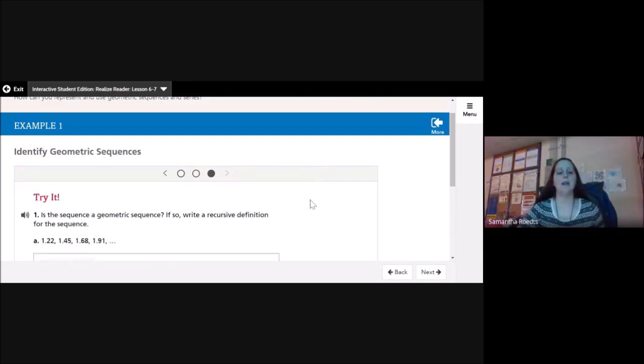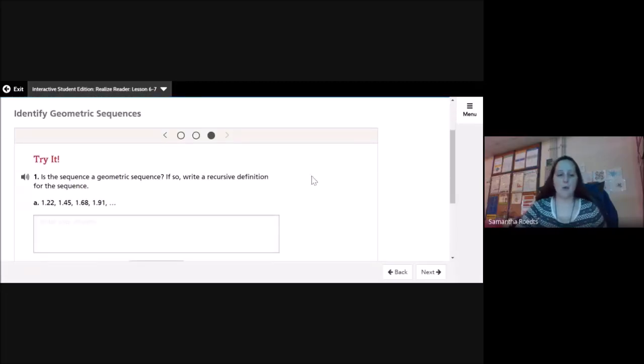All right, so let's try it. Is the sequence a geometric sequence? If so, write a recursive definition. 1.22, 1.45, 1.68, and 1.91. So the first thing that I want to do is divide 1.45 by 1.22. And I get 1.188. I'm going to do the same thing with 1.68 and 1.45.